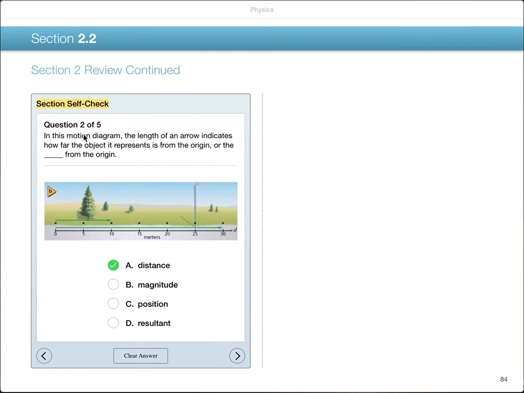Okay, in this motion diagram, the length of an arrow indicates how far the object it represents is from the origin, or the distance from the origin. Remember, the length is connected to the distance. The entire arrow would be called the position, but they only asked about the length.